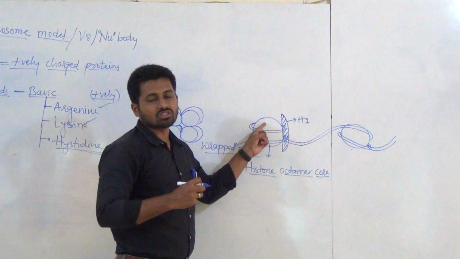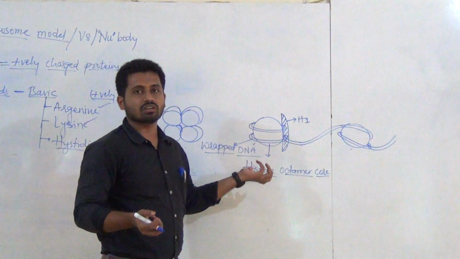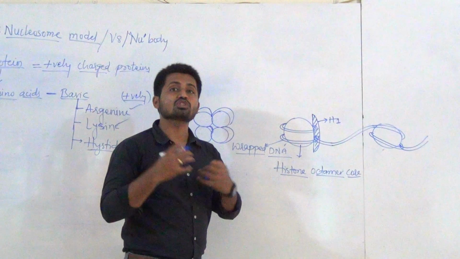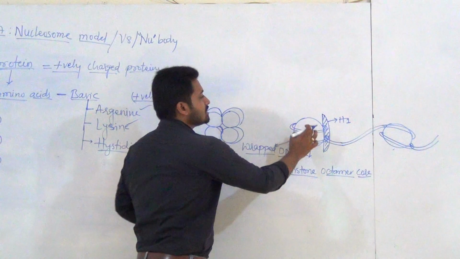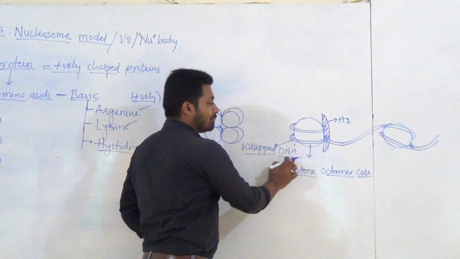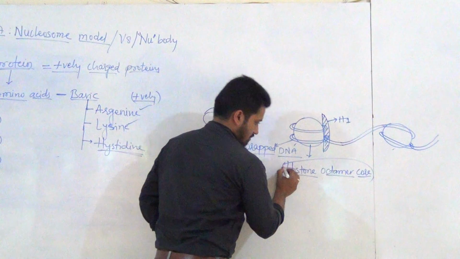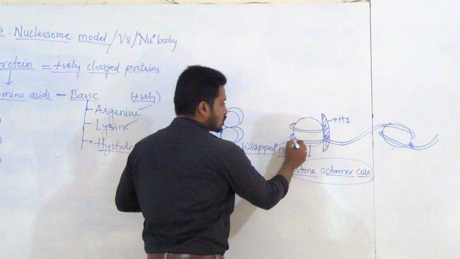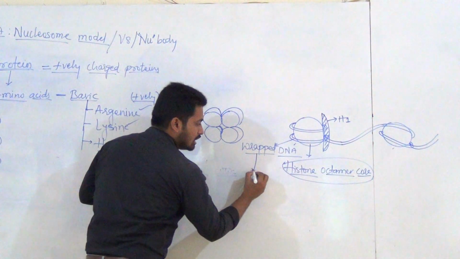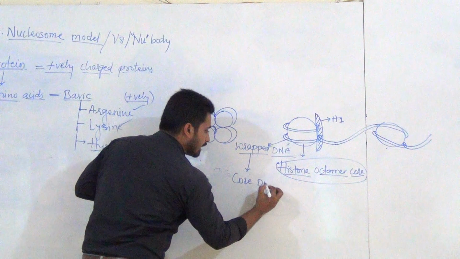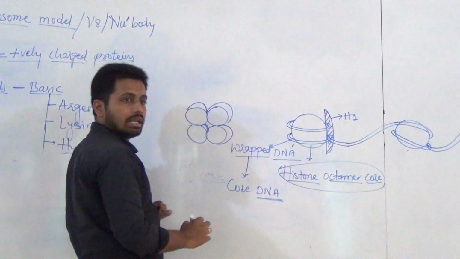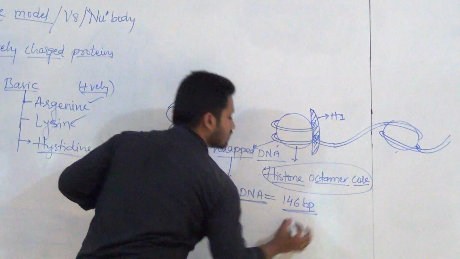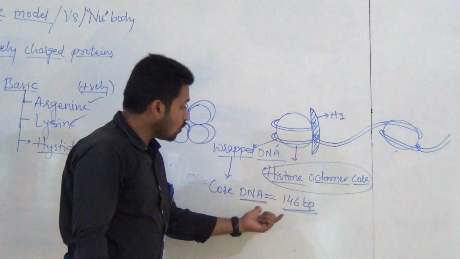The protein is positively charged, DNA is negatively charged, and hence they attract each other tightly, and there is coiling or packing formed. Okay, now listen, this is the histone octamer and this is the wrapped DNA. The complete word is histone octamer core. Now the wrapped DNA present here is called core DNA. What is the word? Core DNA, which contains 146 base pairs. Very important word, value this one.